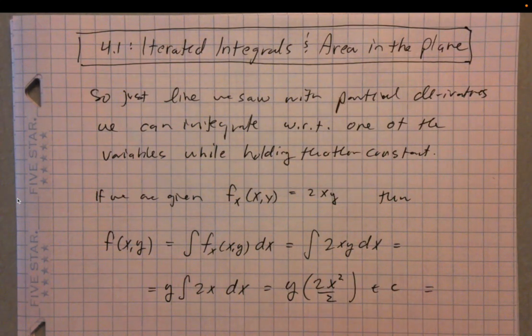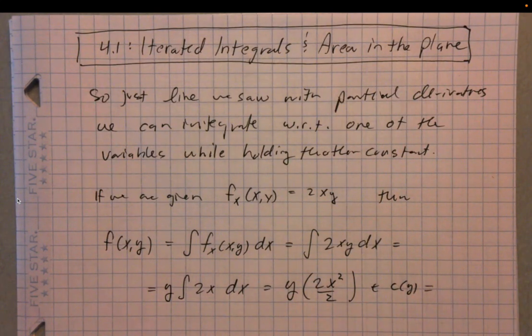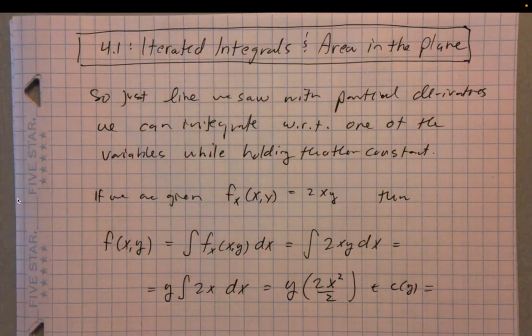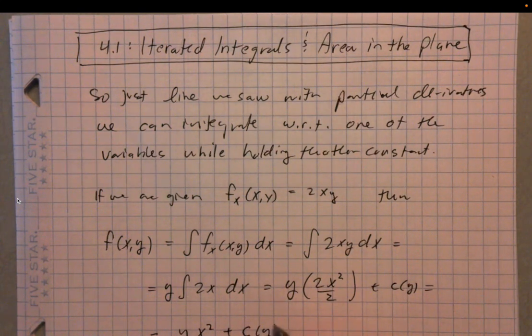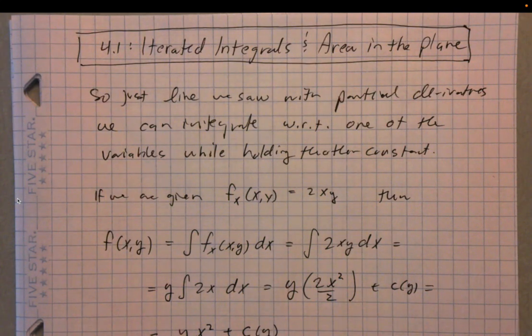But the constant itself is not just a constant. The constant is a function of y. So what you end up with is yx squared plus a constant which is itself a function of y. That is the tricky part.